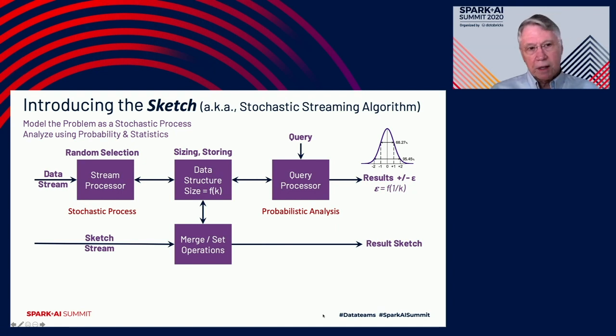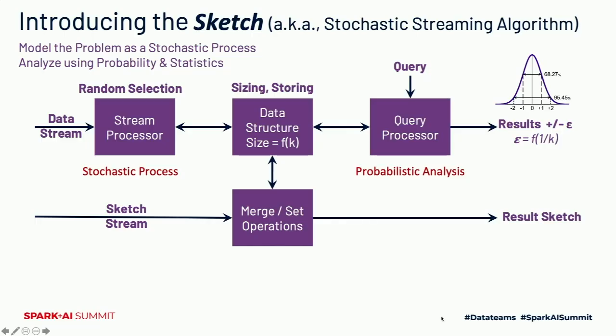So a typical sketch has four major components. It has a stream processor at the beginning, which takes the stream of items that you want to analyze in one at a time. It has a random selection process inside that throws out some data, generally a vast majority of the data, but chooses that intelligently.